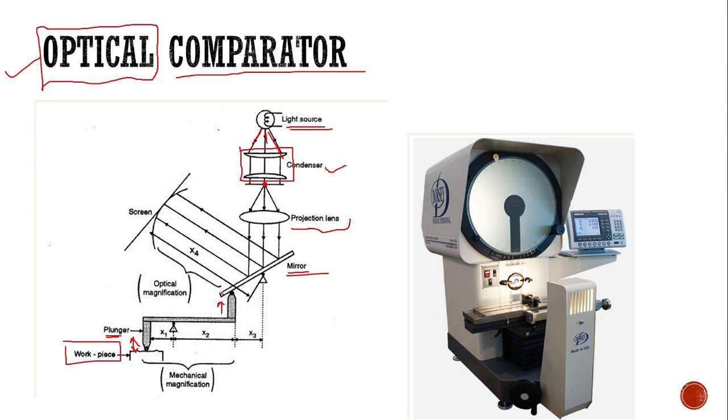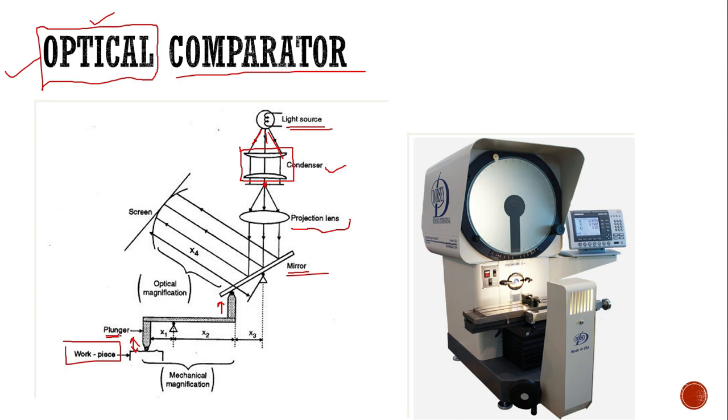Sometimes this is called a mechanical optical comparator. The complete reading principle is optical, but we use some arms which are mechanical, so sometimes it is called mechanical optical. But we can call it an optical comparator as well, because the working principle is optical. Only a few arms are used which belong to mechanical parts.